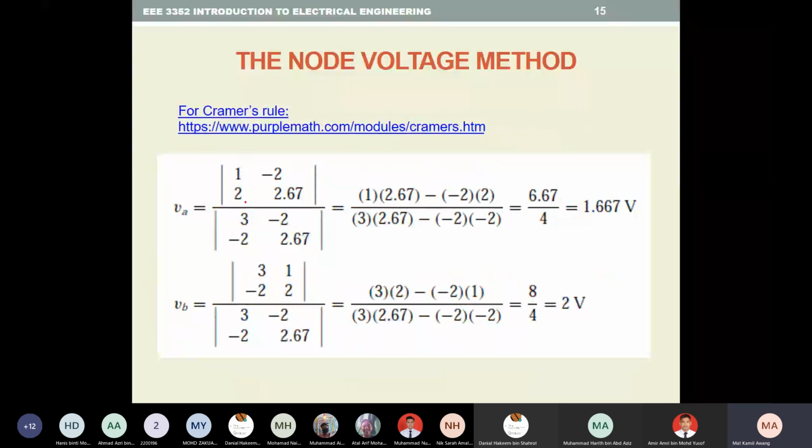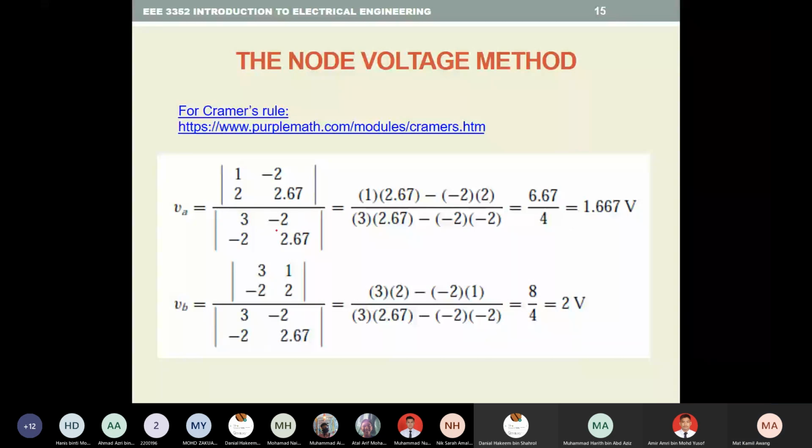So 1, 2, you replace the 3 minus 2. The coefficient for VB stays. So you take the determinant, divide by the determinant of the original matrix, and then you calculate. So you get 1.667 volts.